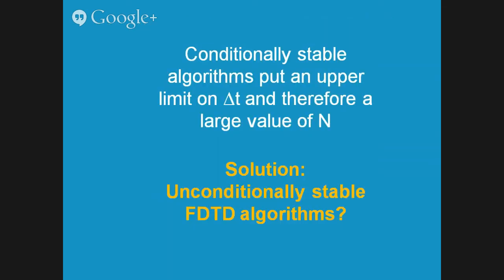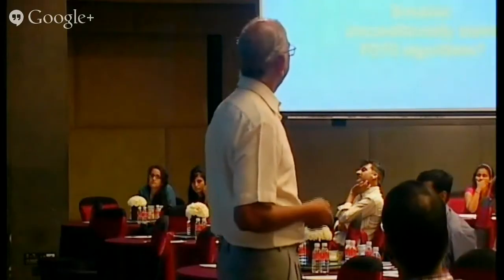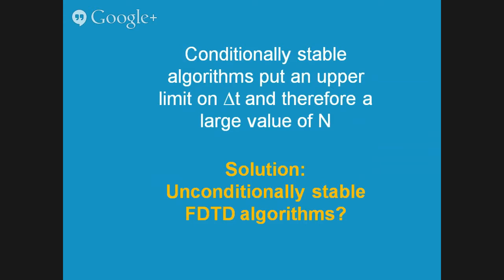So, what is the solution? We have talked about conditional stability. Is there something we can call an unconditionally stable solution? People have found that a conditionally stable algorithm puts an upper limit on the value of delta t, and therefore a large number of total time steps is needed before the steady state is reached.